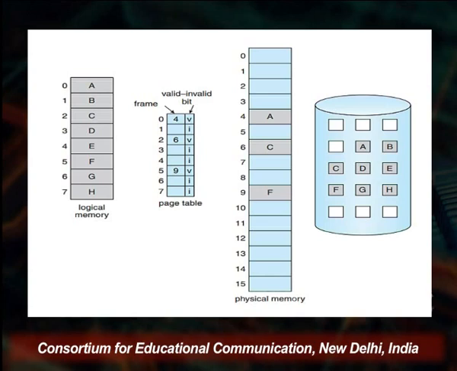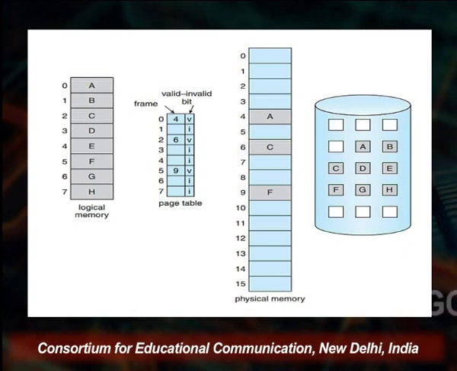This page table is a kind of mapping, but along with it there is an extra column of valid invalid bit, which shows whether that particular frame is available inside the physical memory or not. It is available when the valid invalid bit is set as V. If it is set as I, as in invalid, that means the frame is not available.